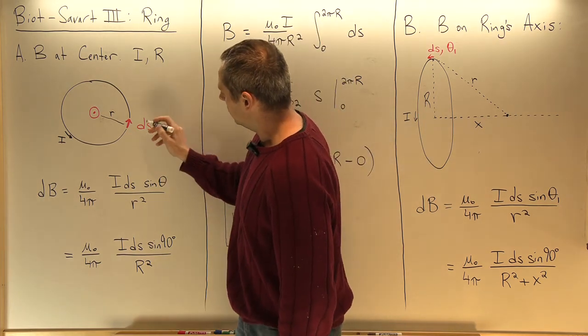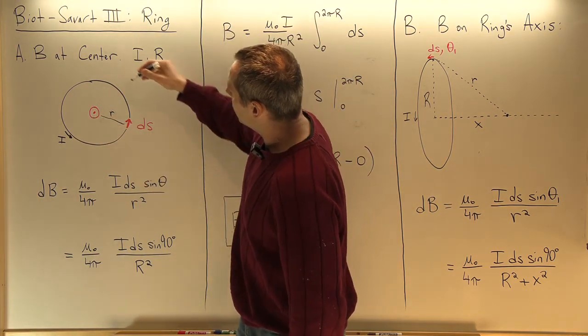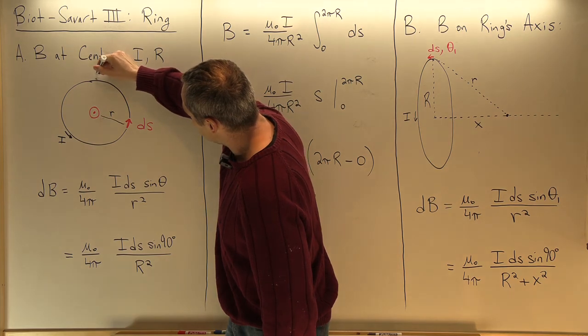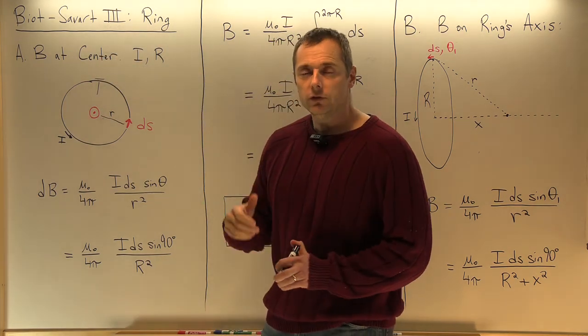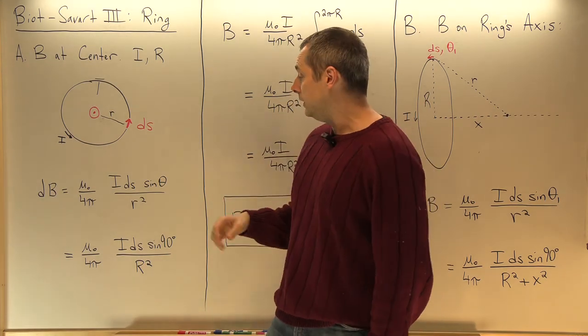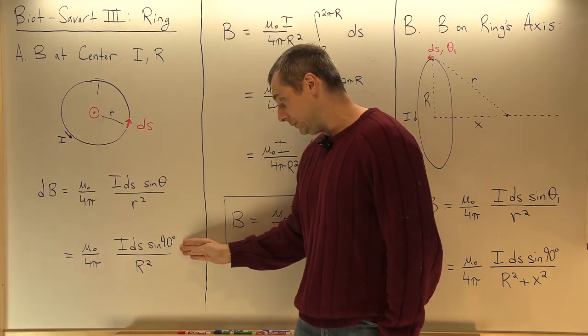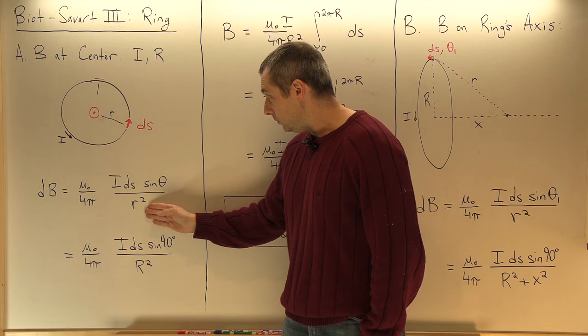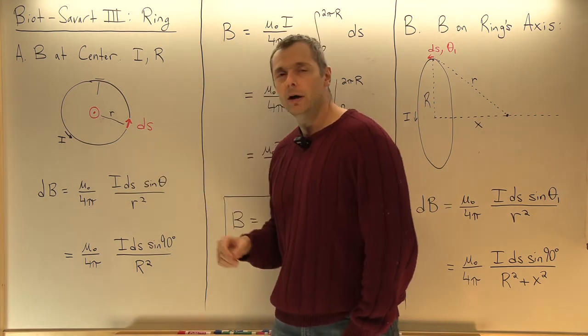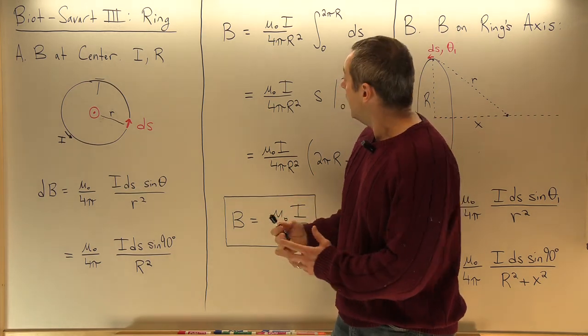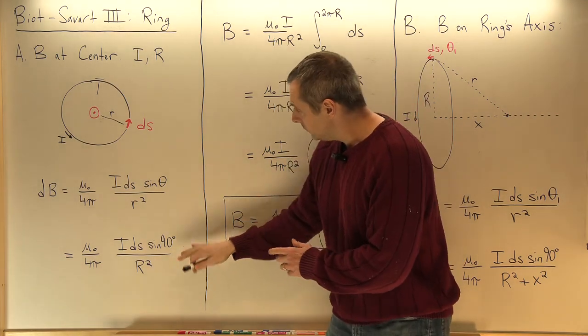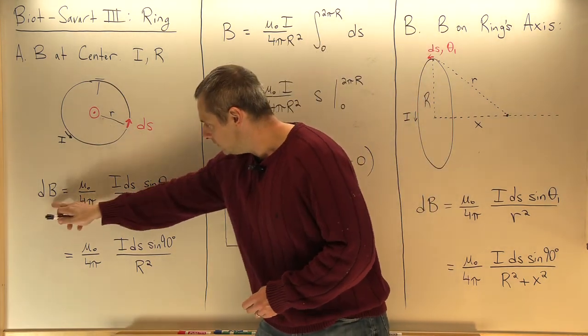So ds goes this way, radius that way. No matter where I am in the integration, there's going to be a ds like this and a radius like that. Theta is always 90 degrees in the Biot-Savart law, so I plug that in. Also, I substituted lowercase r for capital R, the radius of the ring in this case. So now there is the length of that tiny vector dB.